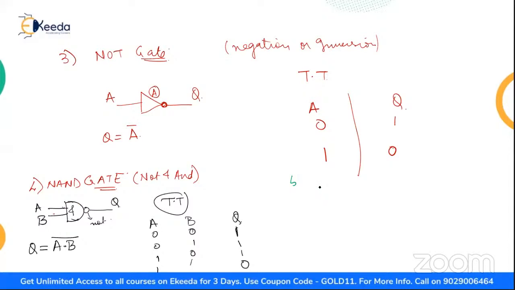Next, the fifth one we'll see. This is the NOR gate. Simply, the symbol is like this.